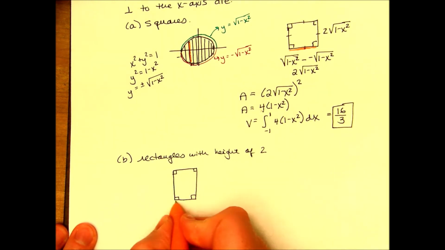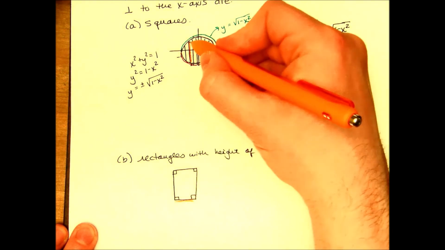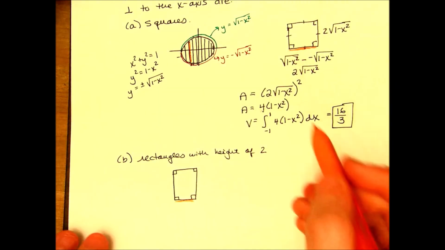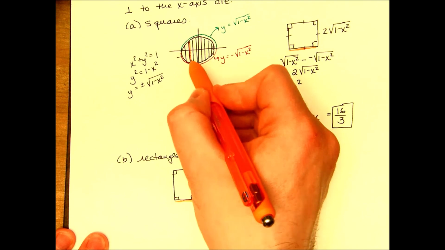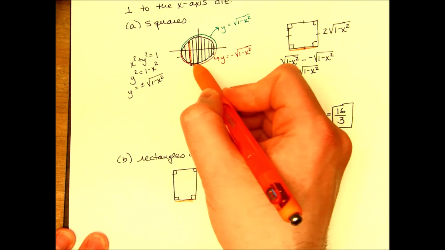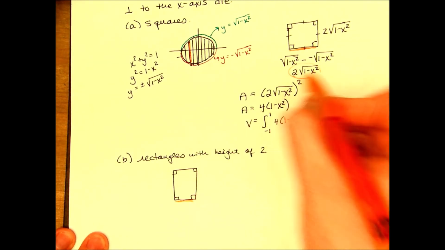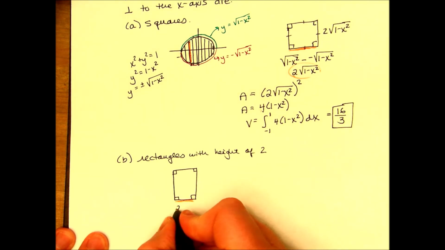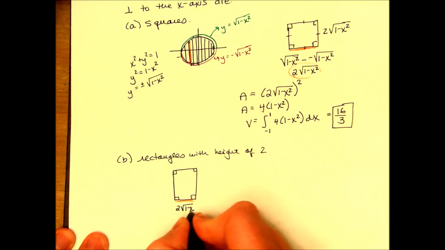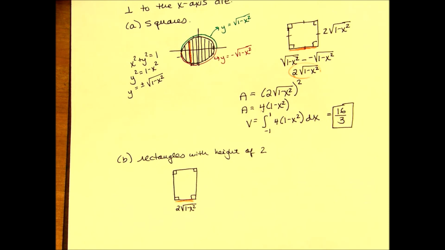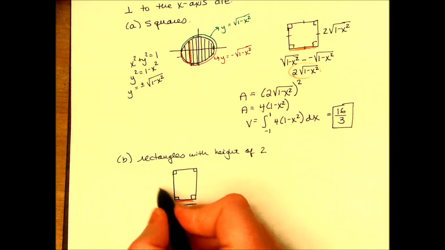The base of my rectangle matches with one of the strips over here. I already know that the length of one of those strips, the base of my rectangle, is the same as it was for my square, still 2 times the square root of 1 minus x squared. The height is always 2.